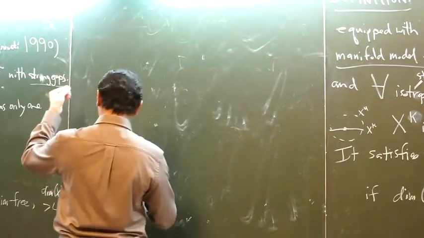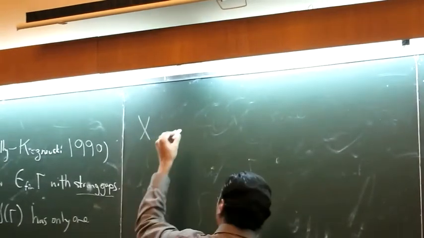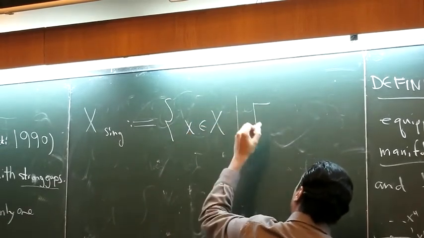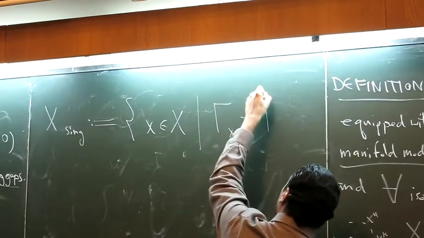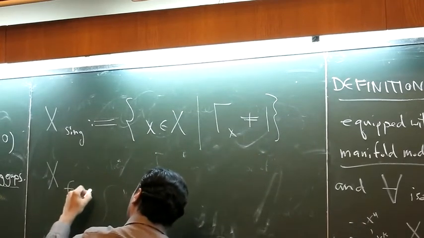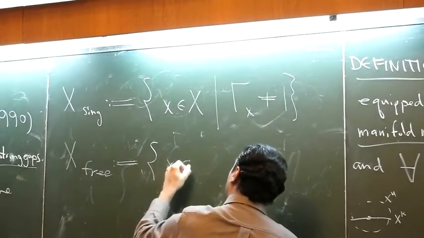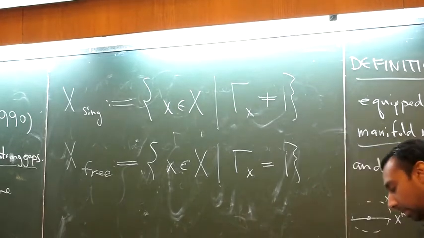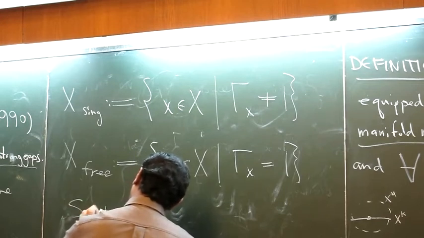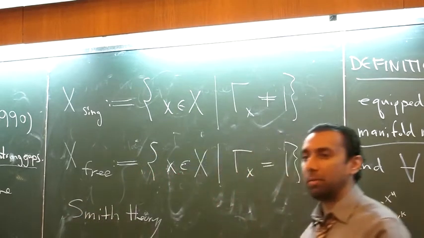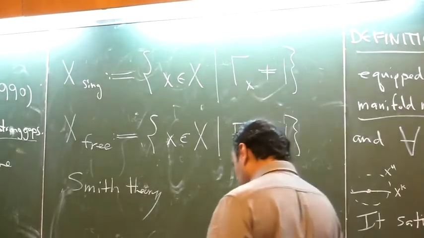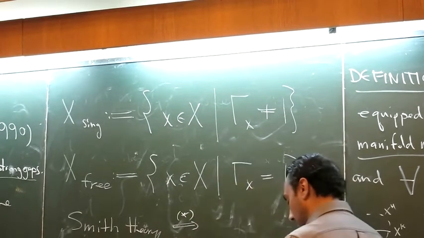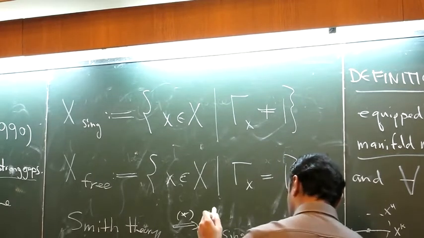But to talk more about what you're saying, you can look at the singular set. This is just the set of all points such that the isotropy group, the stabilizer, is not trivial. And X free are those with trivial isotropy, trivial stabilizer. Smith theory tells us that this condition star tells us that the singular set is discrete.